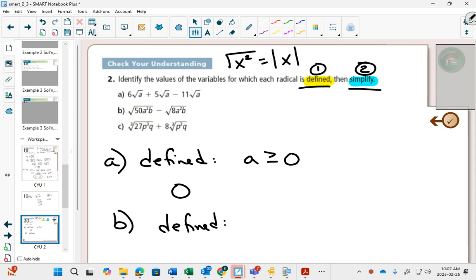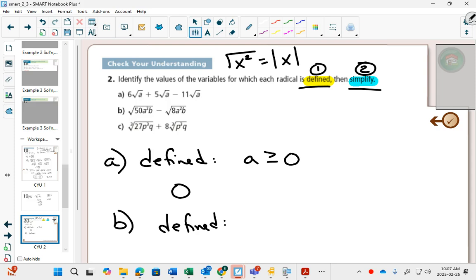For defined, now we have A's and B's. And they could affect each other, so this could be problematic. Okay? First of all, I'm going to notice that the A is squared. Do you see that when the A is squared, it's always going to be positive?